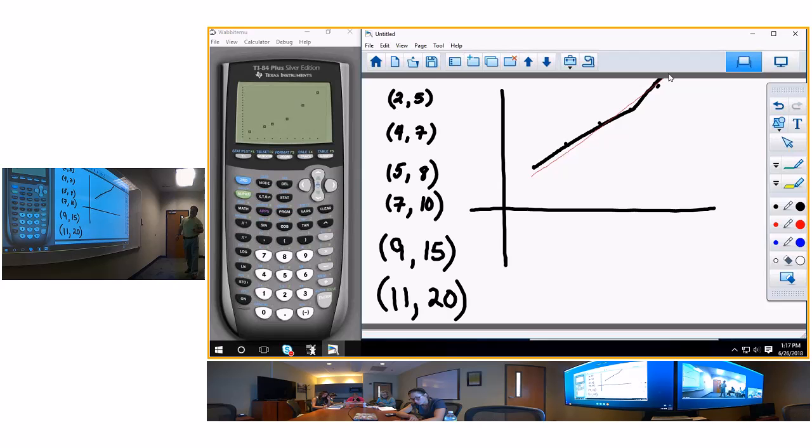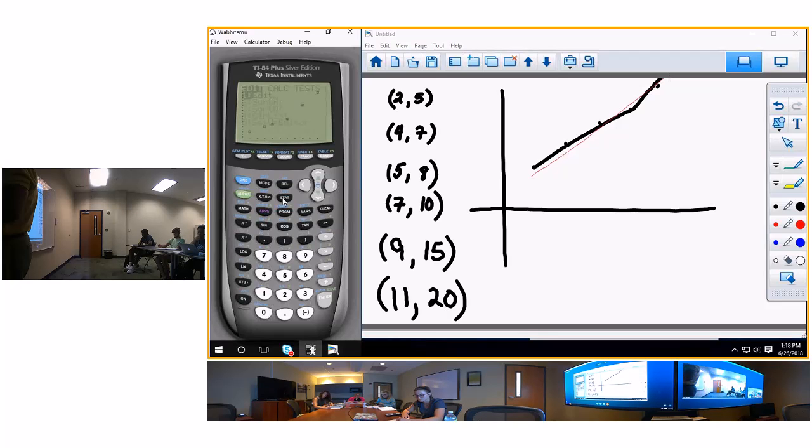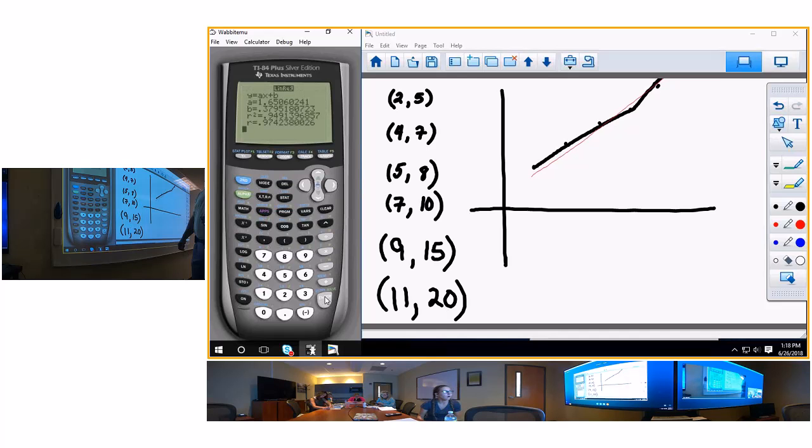But we're not going to rely on us. We're going to rely on the calculator to do it. So now we're going to hit Stat, Calculate, Linear Regression, and go down to Calculate. Write all that information down.